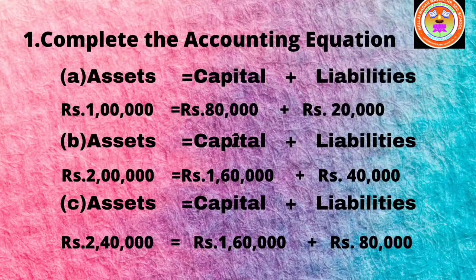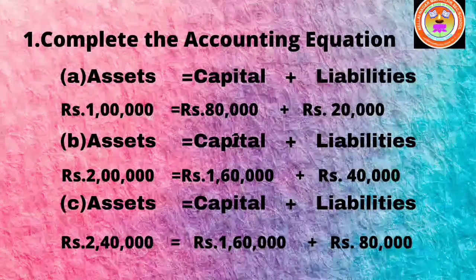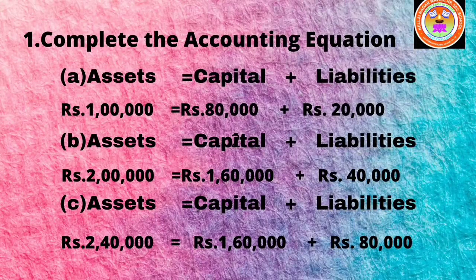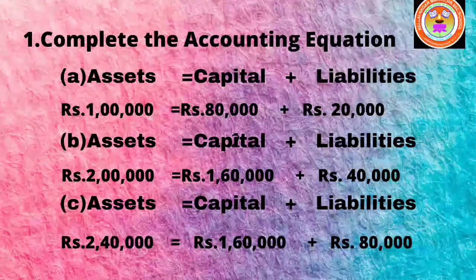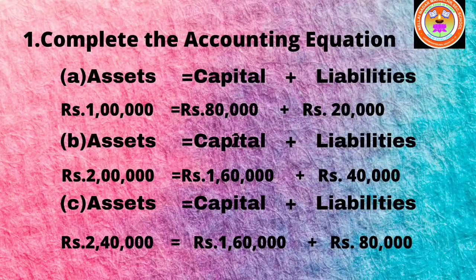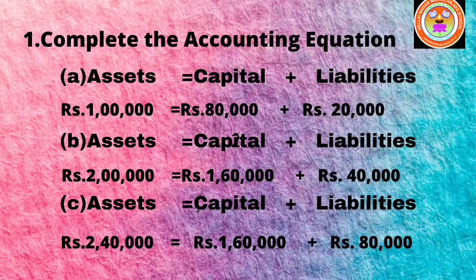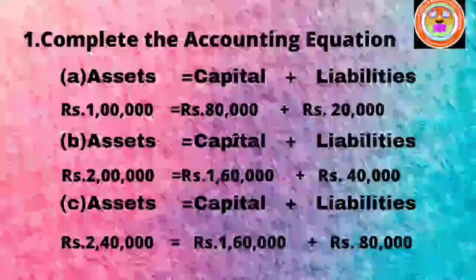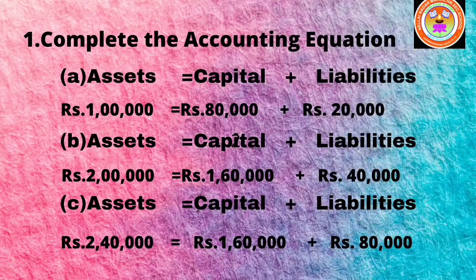Third subdivision: assets is the missing figure. So you can easily find out by adding capital and creditors. Creditors is nothing but one of your liabilities. So you should add capital and creditors. 1,60,000 plus 80,000 will give you 2,40,000.